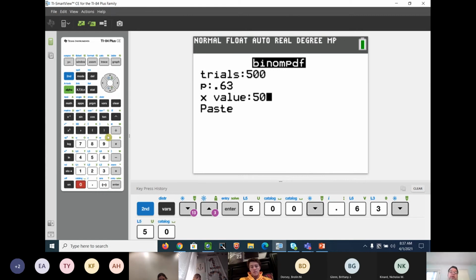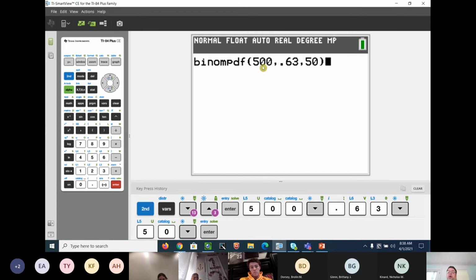If you got an older calculator, you're not going to have these 3 things. It's going to look like this. That's how you're going to type it in an older calculator. You're going to do binomial PDF and then parentheses and then 500, comma, 0.63, comma, 50, close parentheses.